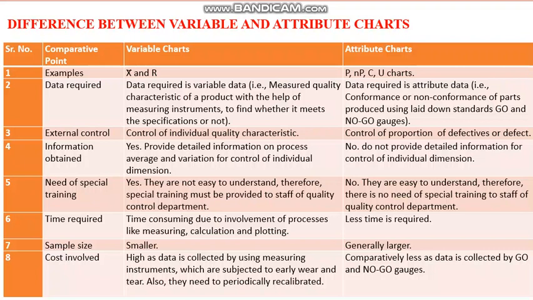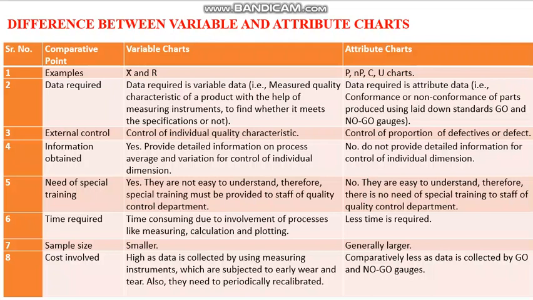Variable charts are a time consuming process, whereas attribute control charts require less time. The sample size for variable charts is smaller, because it takes so much time to calculate, whereas in attribute charts the sample size is generally large.